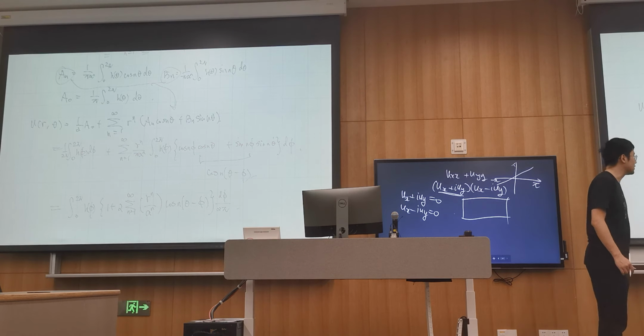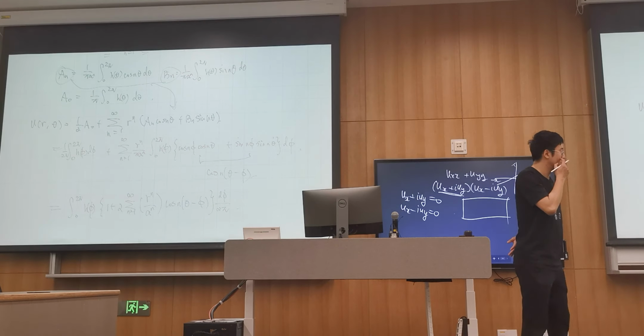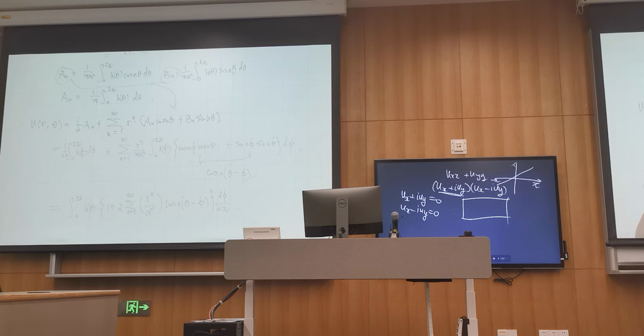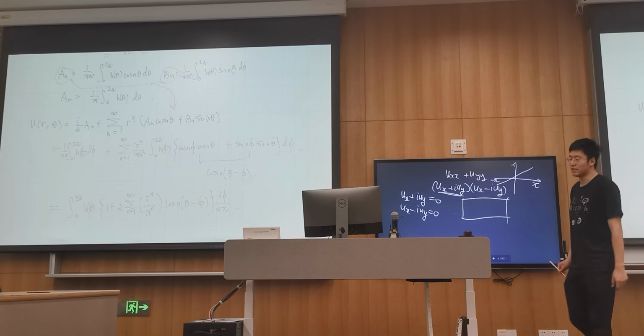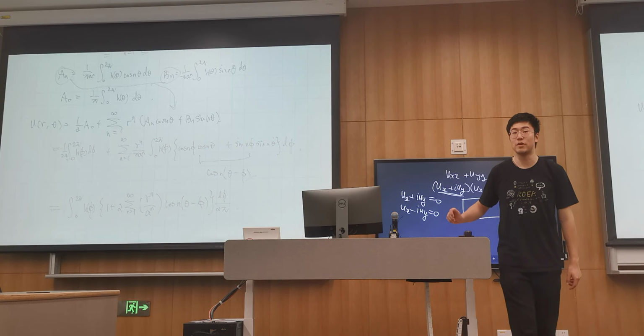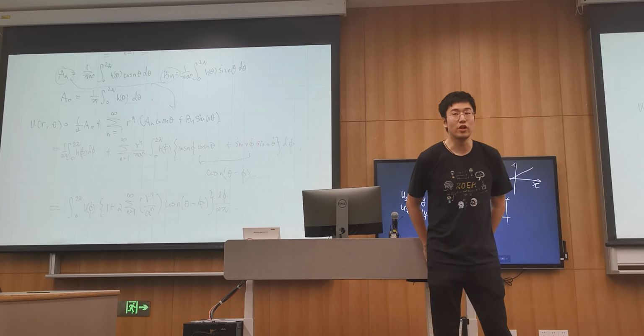It still looks horrible, but when I'm summing from 1 to infinity of (r over a) to the n, this term is geometric. The problem is the cosine n(theta minus phi). So again, our idea is to introduce a geometric sequence to finish our job.